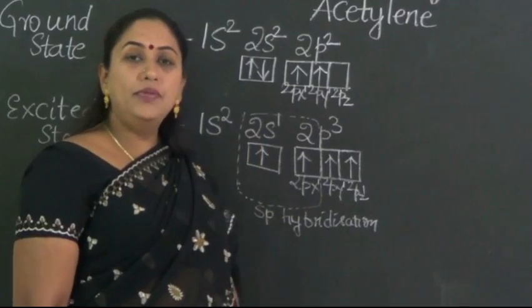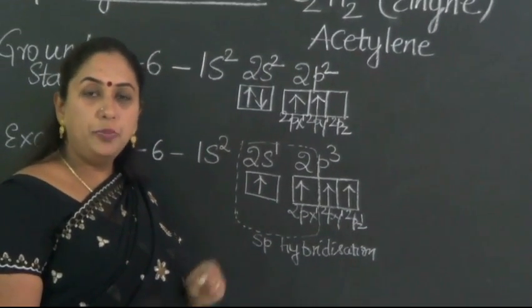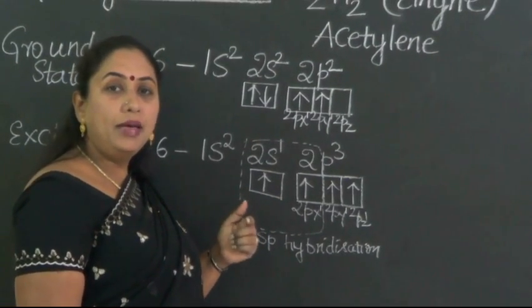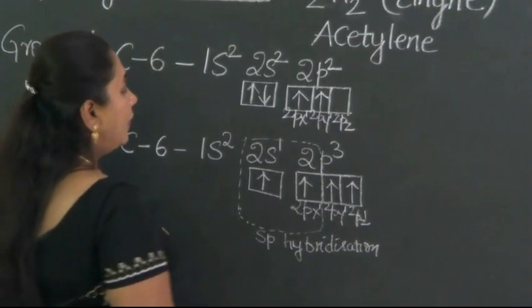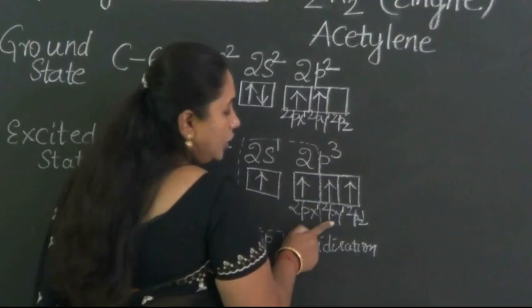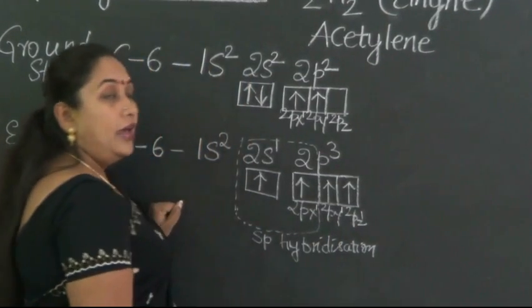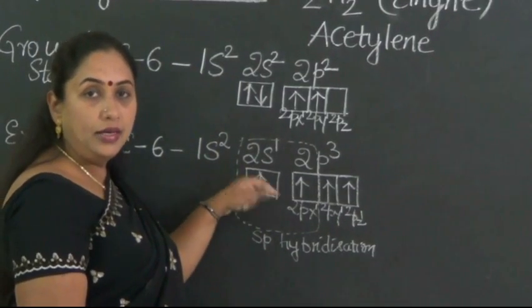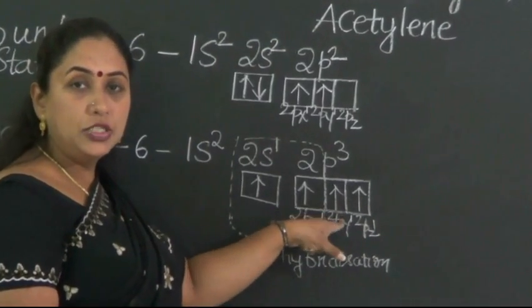And what is the name of these hybrid orbitals formed? Each one will be called an sp hybrid orbital. Now you should remember one important thing. What is that? 2py and 2pz are remaining as atomic orbitals only. They have not participated in hybridization.